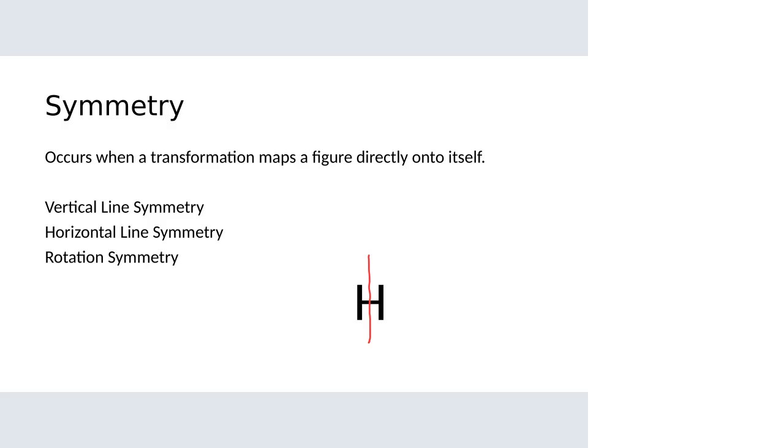When this happens, this is what we would call vertical line symmetry. That H has vertical line symmetry because what's over here would land exactly on what's over here. That's the basic idea of symmetry.